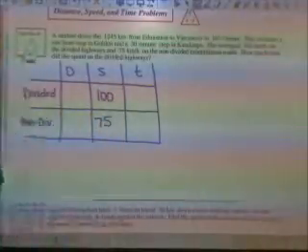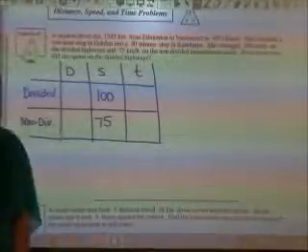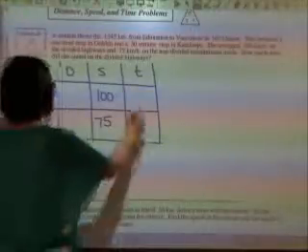On the divided, it is 100. Do I know how much time I spent on the divided highway? Do I know how much I spent on the non-divided? Those become my unknowns, x and y.